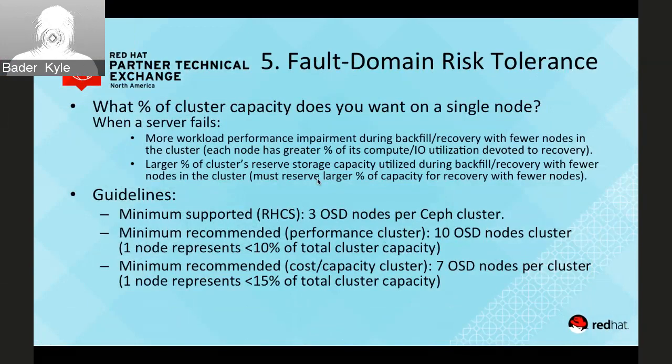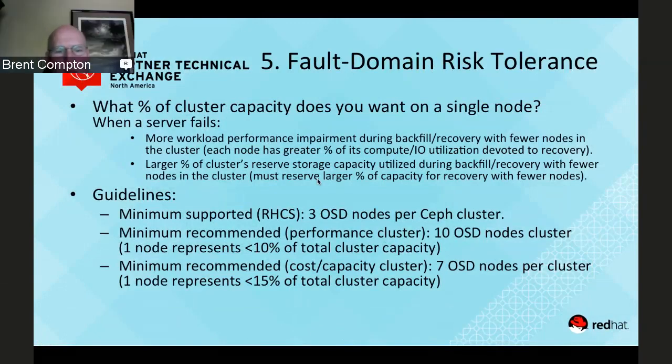So based on testing that we've done, we really like to steer customers towards clusters that have a minimum of 10 nodes for performance, and relax that a little bit for cost and capacity conscious clusters.